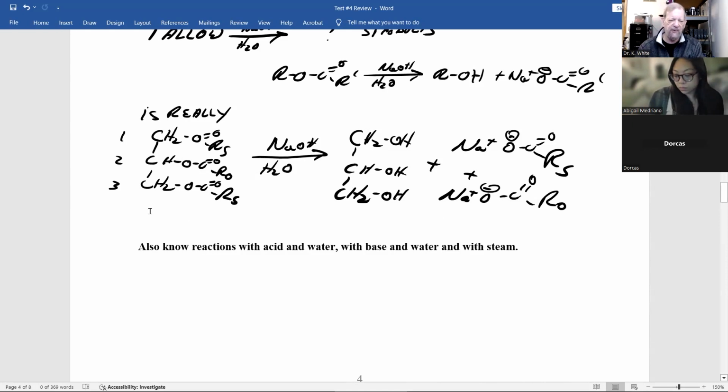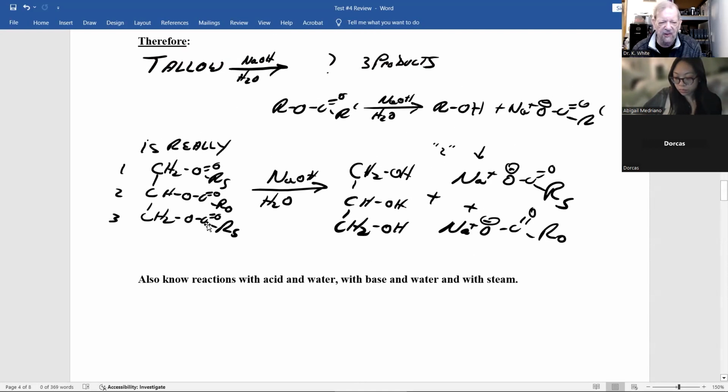Now, ester 3 gives this alcohol, but it gives this carboxylate anion again. But if you look at it, there are 3 different products. I don't ask you to balance an equation, which is why I wrote the 2 very small.